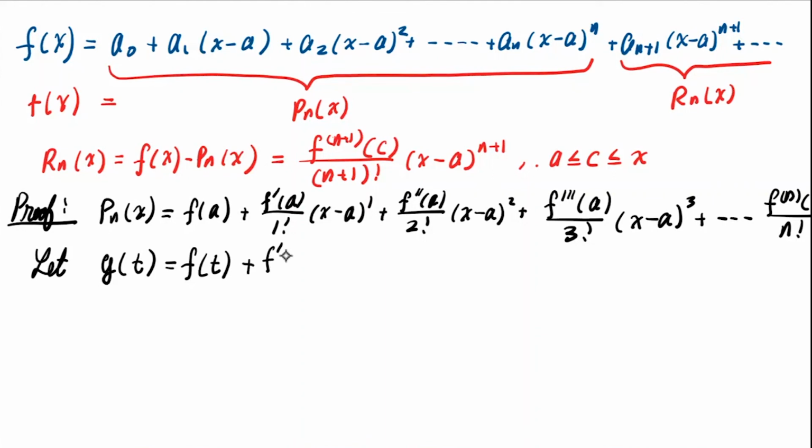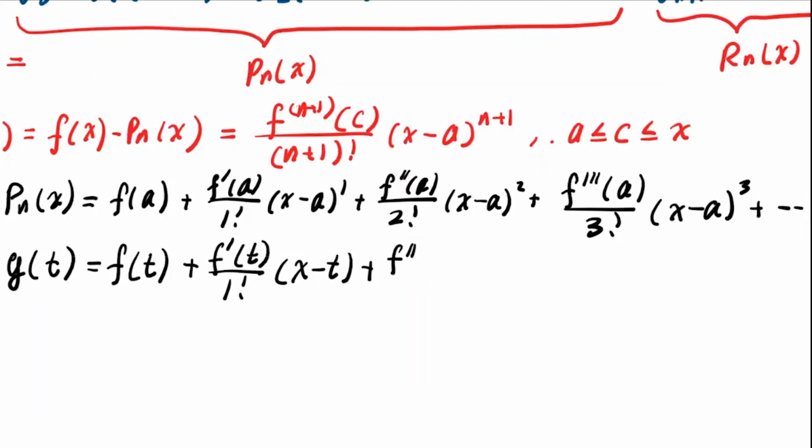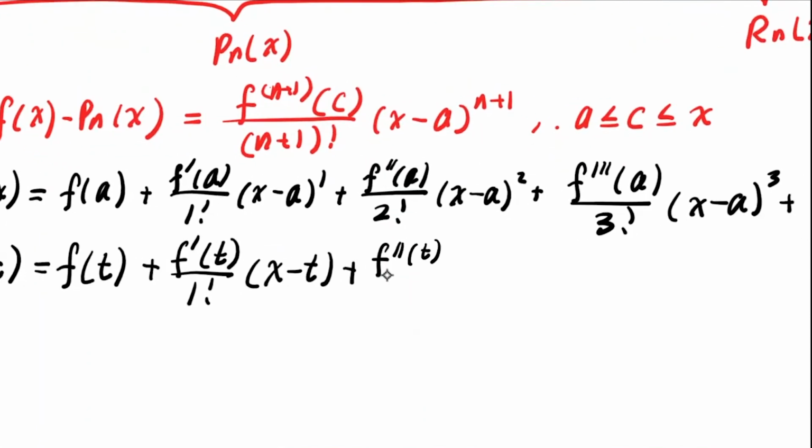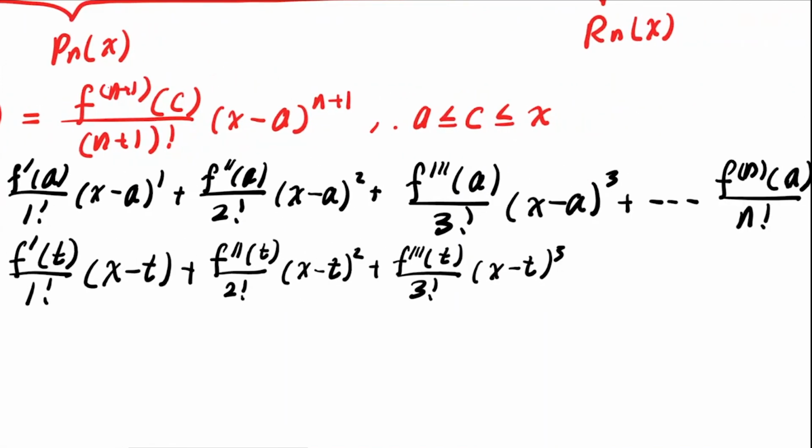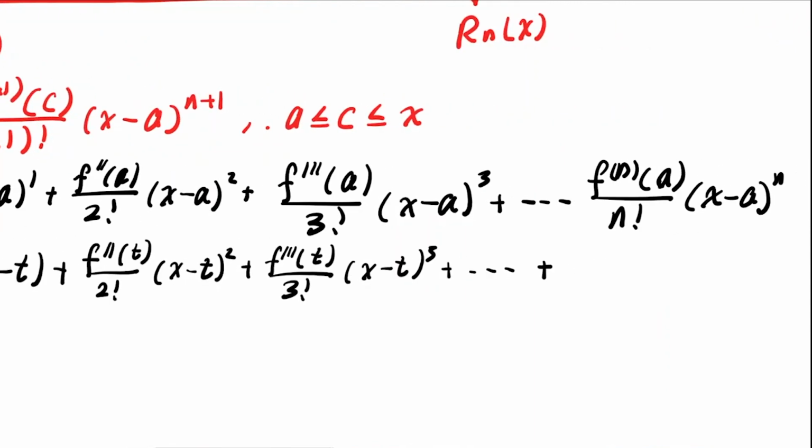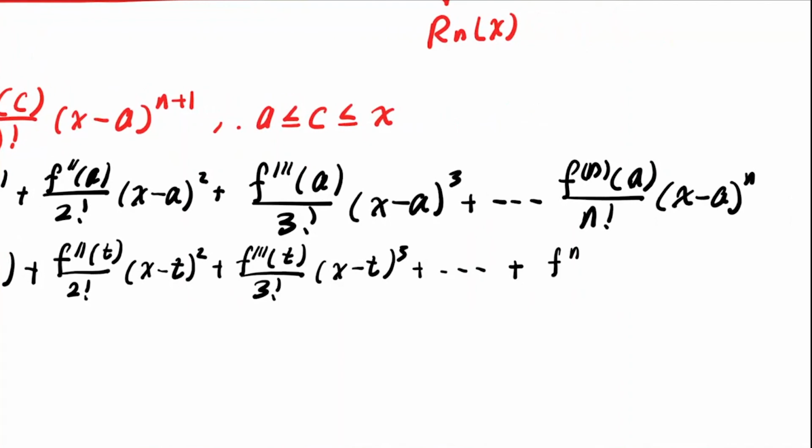Plus f prime evaluated at t over 1 factorial times x minus t, plus f double prime of t over 2 factorial times x minus t squared, plus f triple prime of t over 3 factorial times x minus t cubed, plus dot dot dot, all the way to the nth derivative evaluated at t over n factorial times x minus t to the nth power.